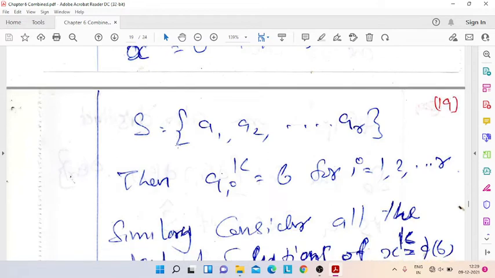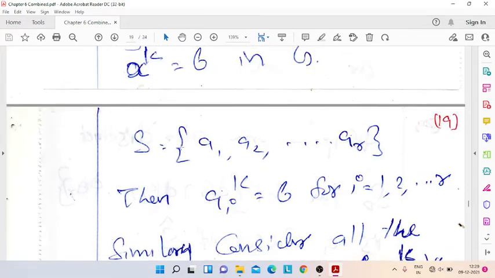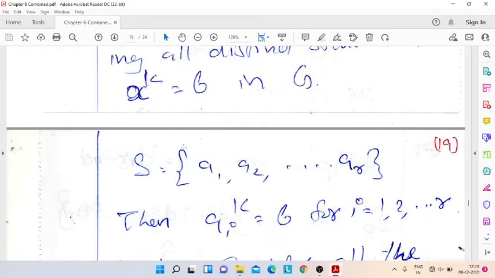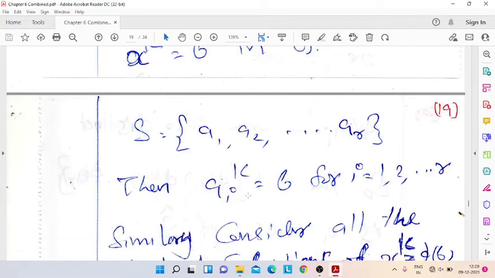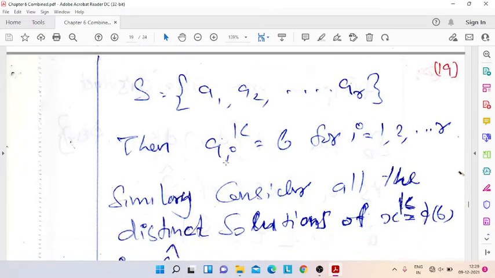Then we get a1 raised to k equal to b, a2 raised to k equal to b, a3 raised to k equal to b, etc., ar raised to k equal to b. All are equal to b. This is true for all i equal to 1, 2, 3, etc. to r. So in general we can write ai raised to k equal to b.